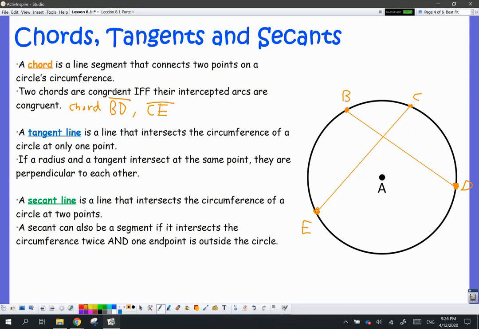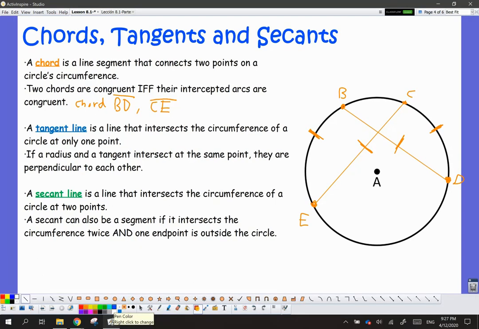Now, 2 chords are congruent if and only if their intercepted arcs are congruent as well. So what we mean by their arcs is that this arc is the same length as this arc. If that is true, then the chords themselves are also congruent. We'll review this property more in depth in a future lesson.